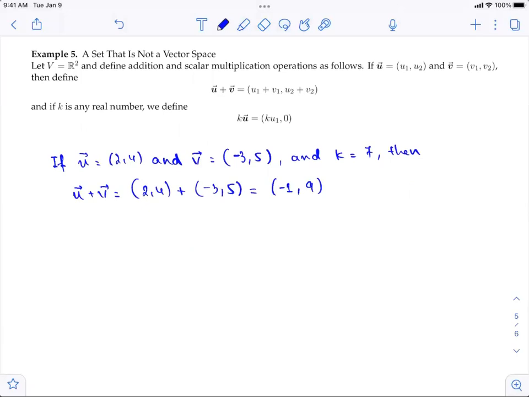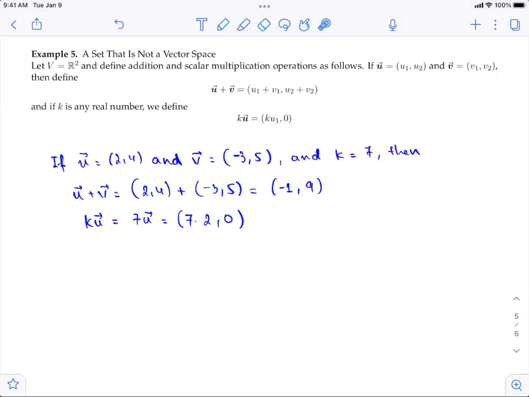For the scalar multiplication, you can have k times u equal to 7 times u, but because of the setup for this particular scalar multiplication, you get k times u1, which is 7 times 2, and 0.